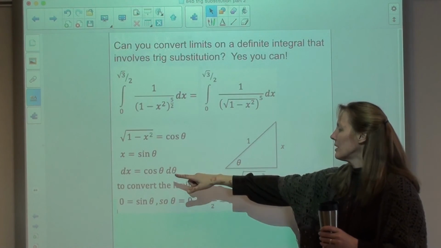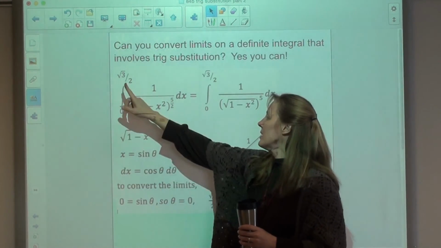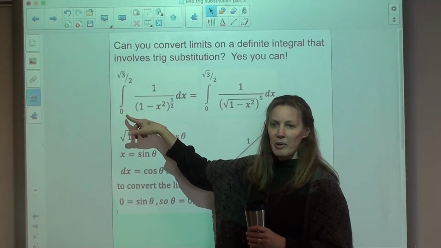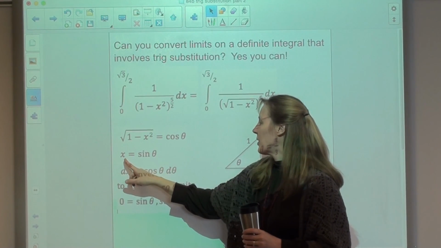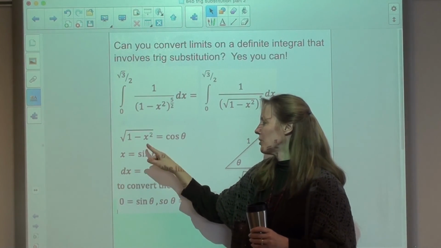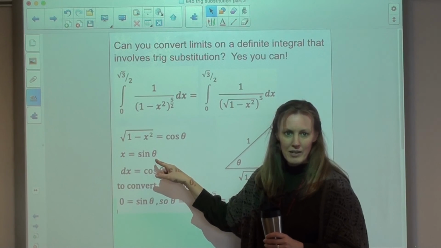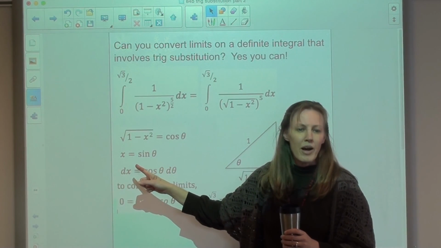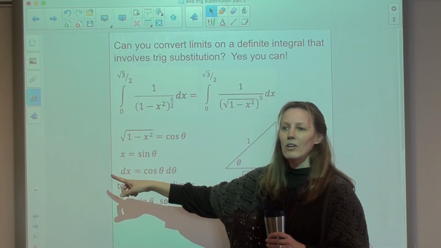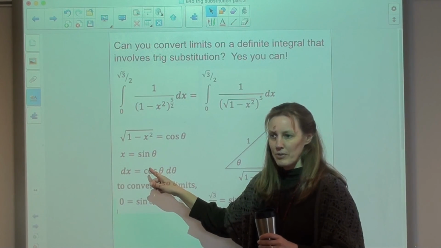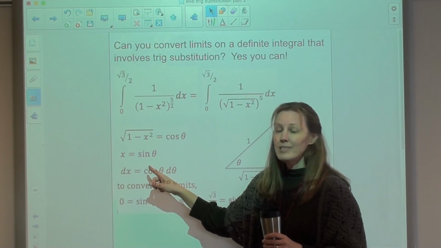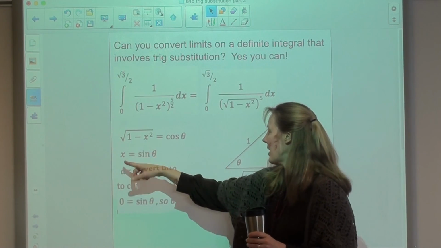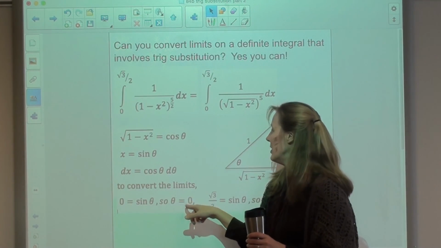To convert the limits, what happens is, if these are x values, right? So if x is 0, that means 0 equals sine theta, right? So theta is really the arc sine of 0. You have to ask yourself, what angle has a sine of 0? 0, right? So if x is 0, theta is 0, and it doesn't even change.